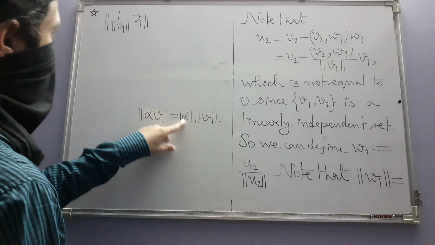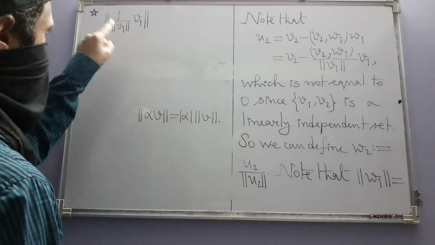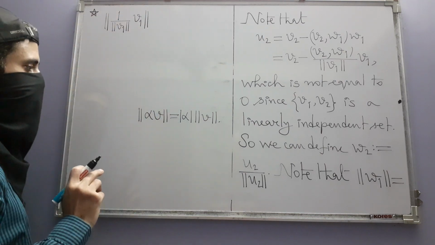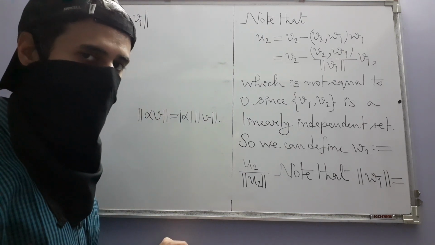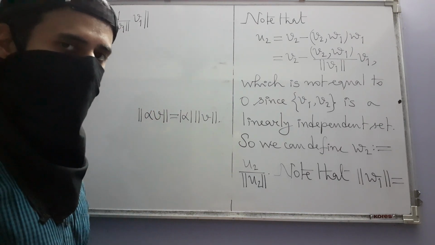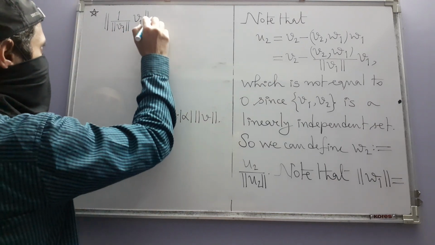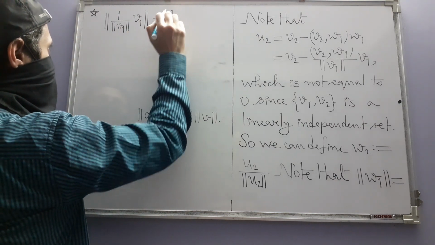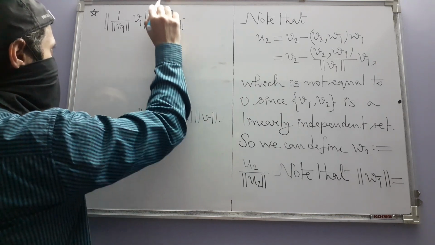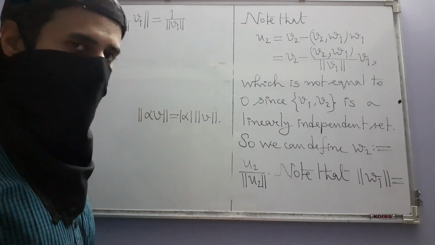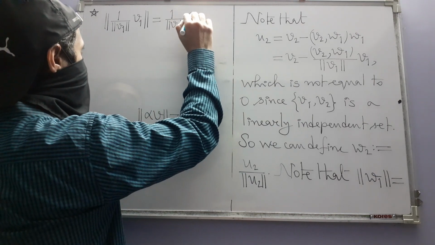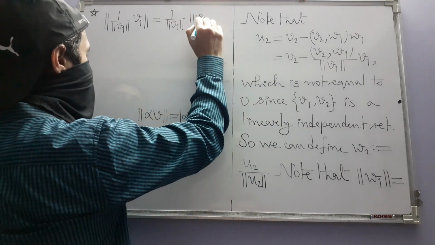Now, in place of alpha, here we have the reciprocal of the length of V1. Since this is a positive real number, it's a positive real number because it is a length, it's not a general complex number, so we can just simply bring it outside as such without having to write another absolute value sign, because its absolute value is itself, and we are left with this part.